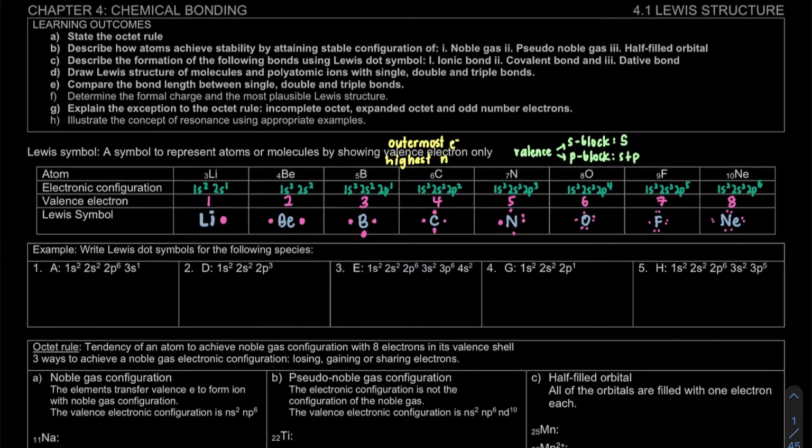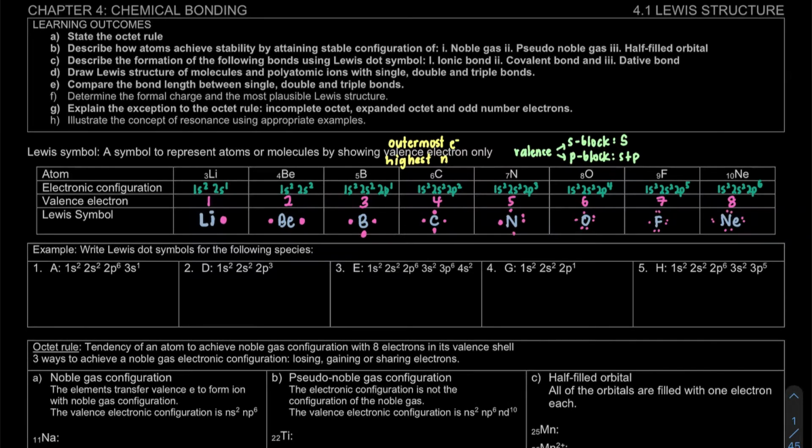But if the last orbital we fill is P block, then for the valence we have to add S and P, with the same n, where n equals 2. If it is 2P, we have to add 2P plus 2S. Okay, so that is the Lewis dot symbol.